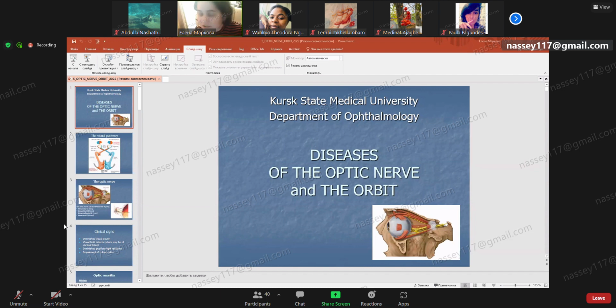The first type is congenital pathologies, and the second type is acquired pathologies. Acquired pathologies of the optic nerve can be classified into some groups, including inflammatory and non-inflammatory pathologies. And one of the main inflammatory pathologies is optic neuritis.